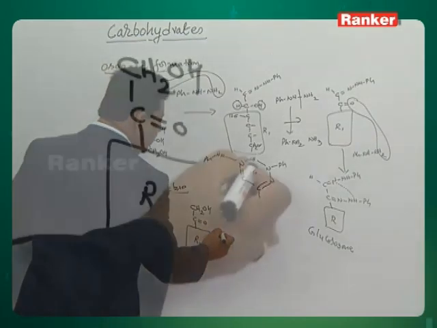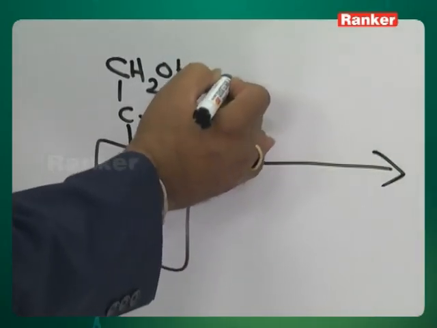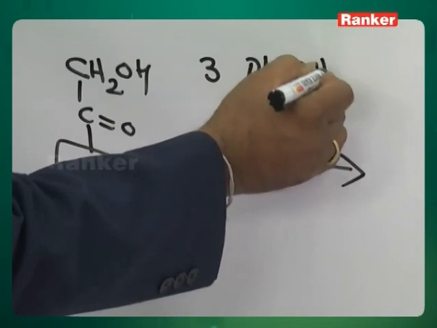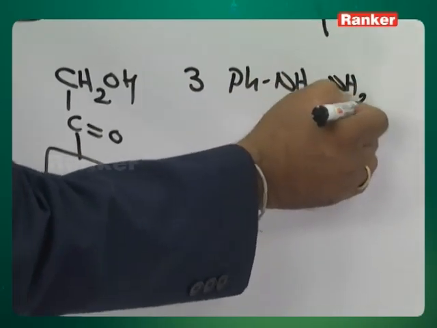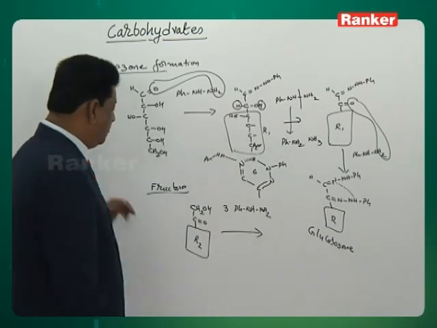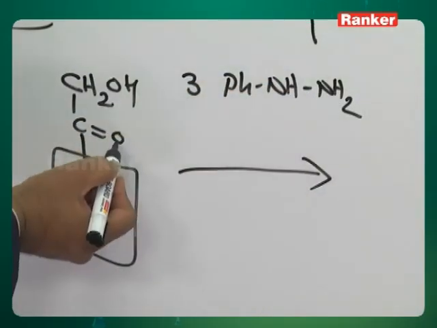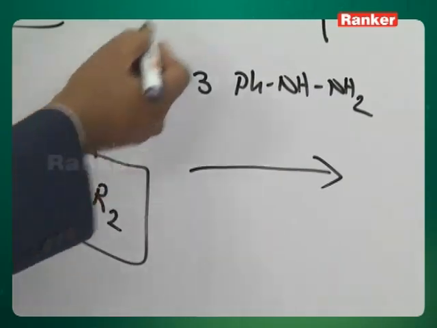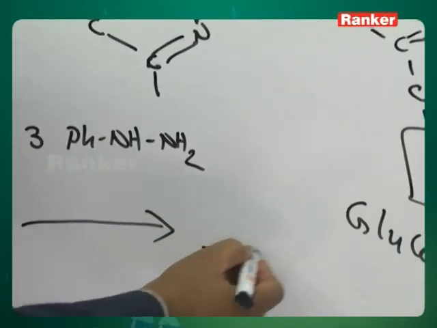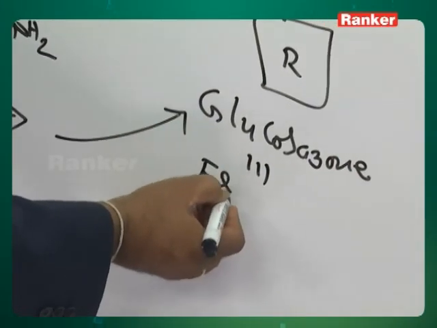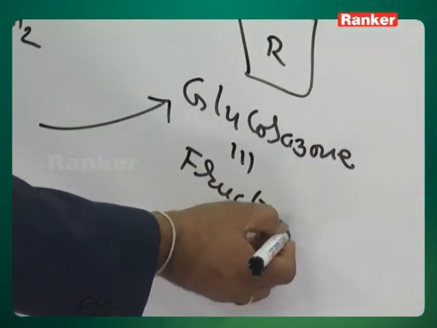Surprisingly, what happens if here also 3 molecules of phenylhydrazine are used? What is expected is that fructose should give fructosazone, but the first mole is used for this one, the second mole oxidizes this one into the aldehyde and again gives this one. So, fructose also gives the glucosazone. It is identified that fructosazone and glucosazone are the same.